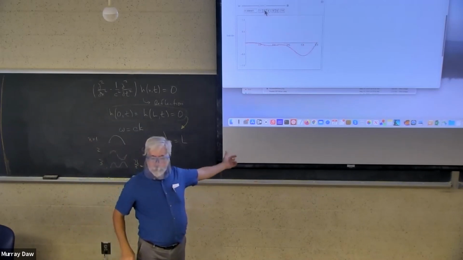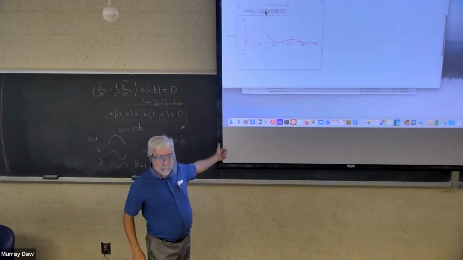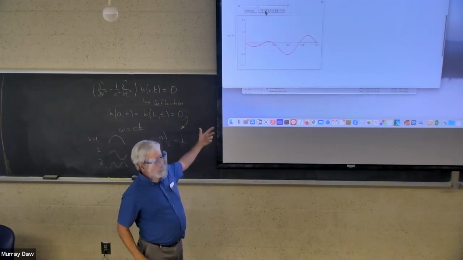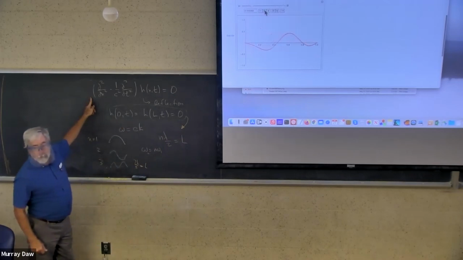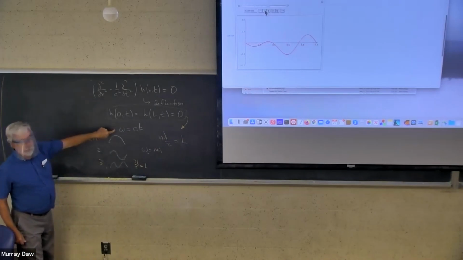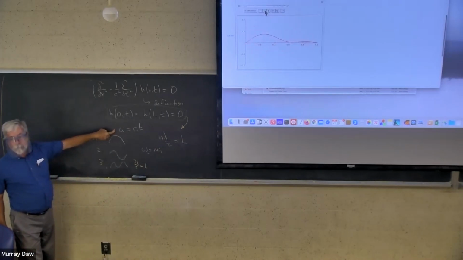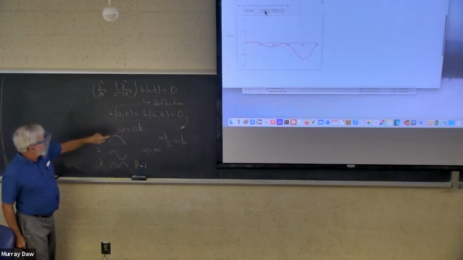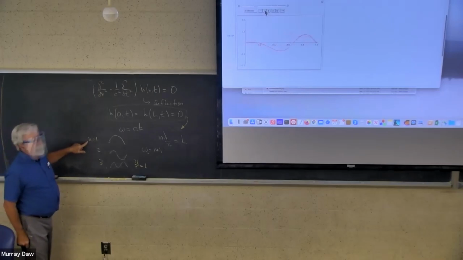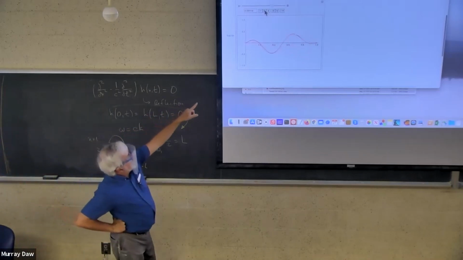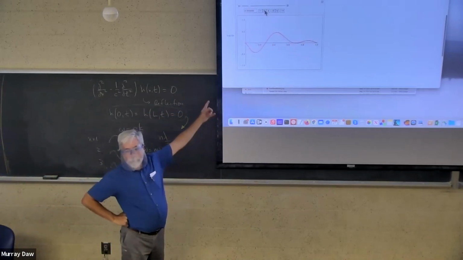Okay, now this is different than what you're going to do for the particle in the box in some very important ways. The first is we have a different wave equation, which means we'll get a different dispersion relation, the relationship between the frequency and the mode number. But also, you're going to be calculating probability. Probability is never negative.